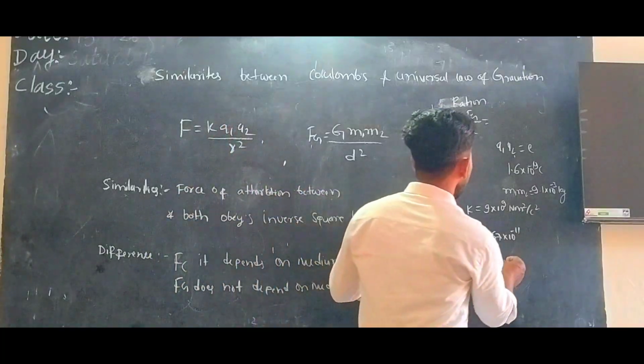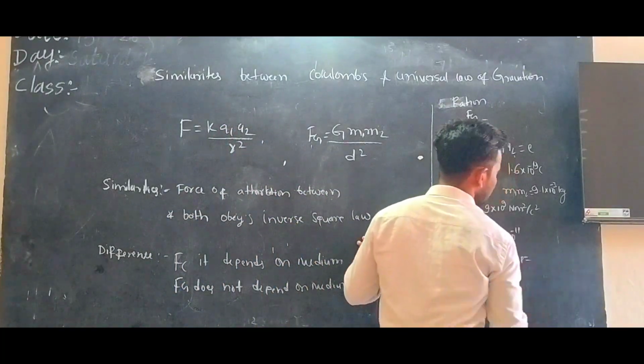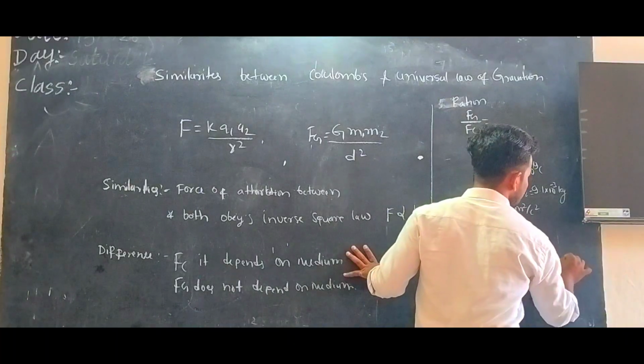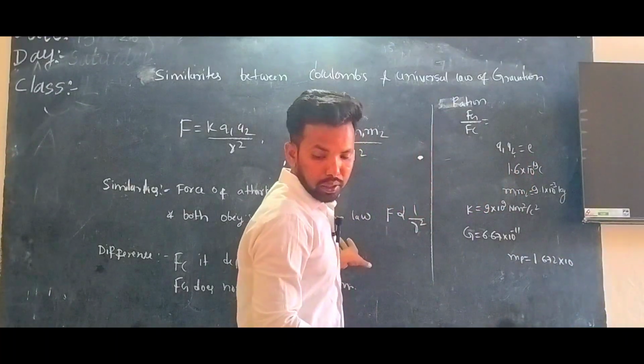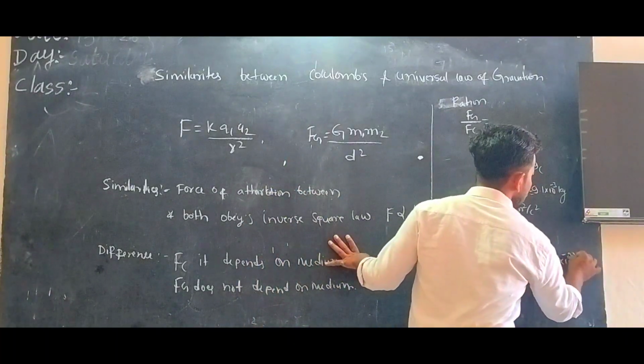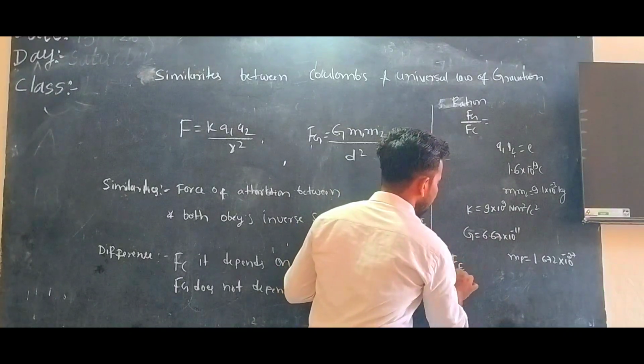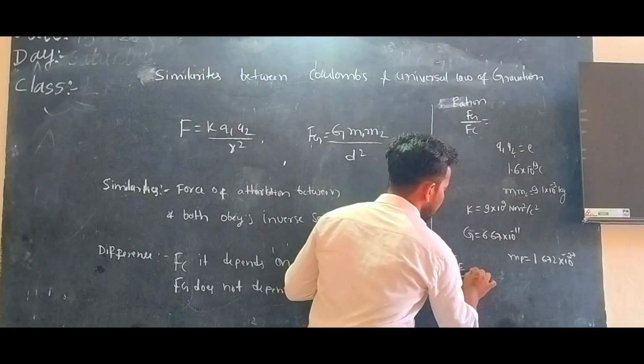Mass of proton is 1.67 into 10 to the power minus 27. Calculate these values to find the relation between electrostatic force and gravitational force.